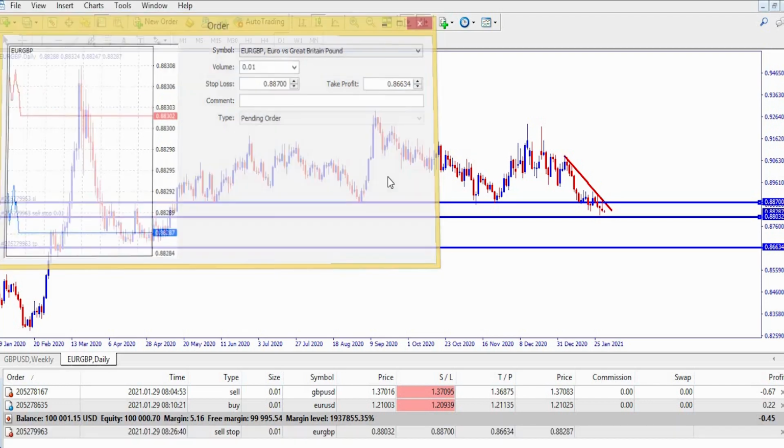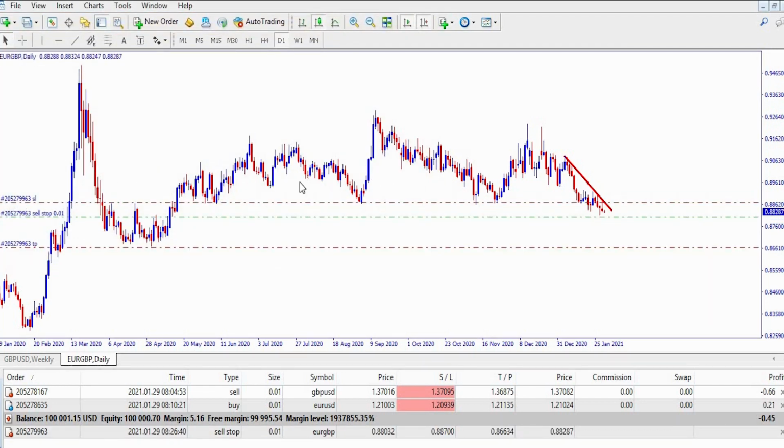So place the order. You can see I'm in the trade, but it has not yet been activated. So until price gets to this order and activates it, I will not be in the market.